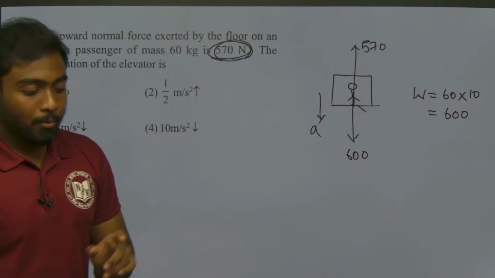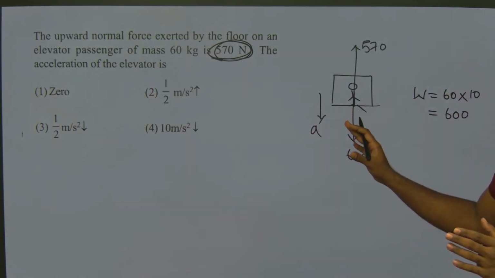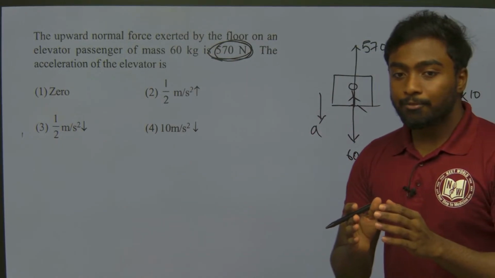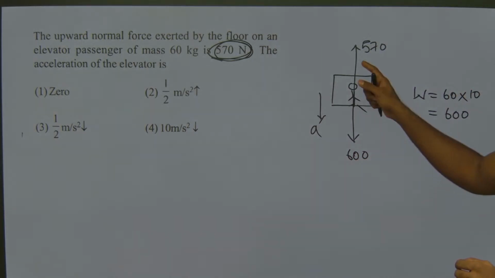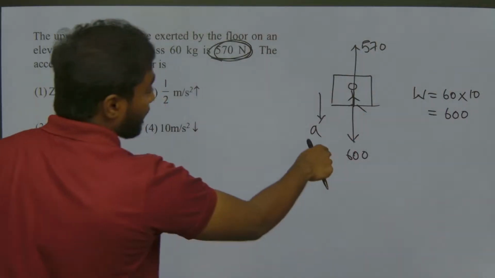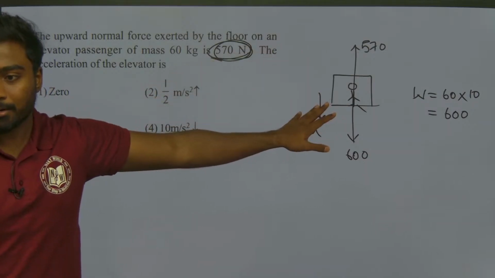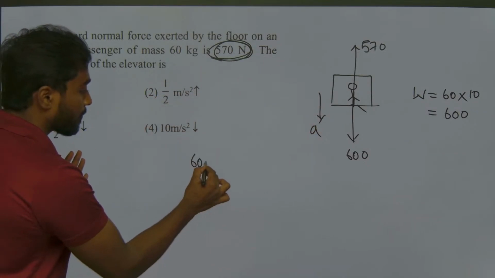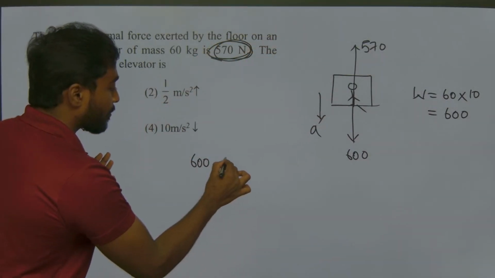Whenever we are solving this kind of problem, we should consider the force positive in the direction of acceleration, and negative in the opposite direction. So the direction of acceleration is towards down. The force towards down is 600, and the opposite direction is minus 570.